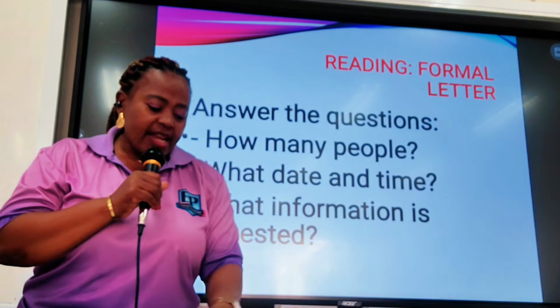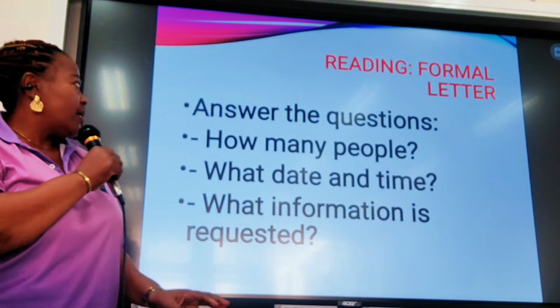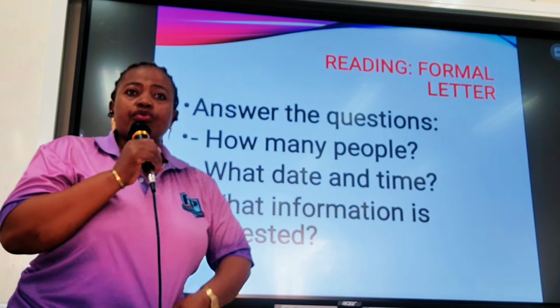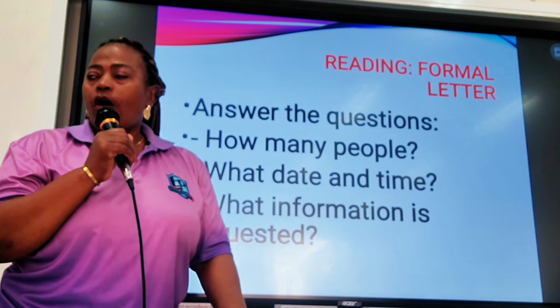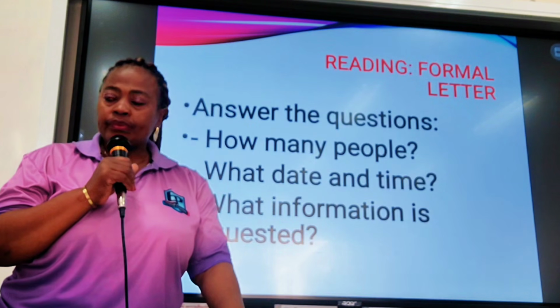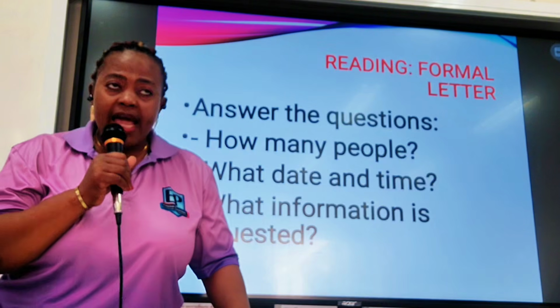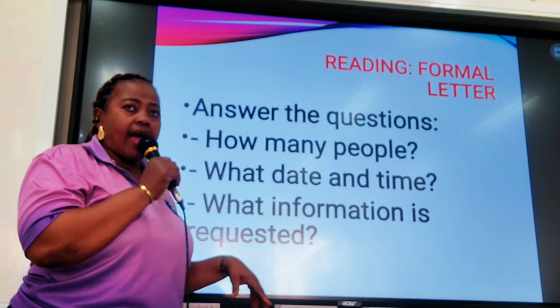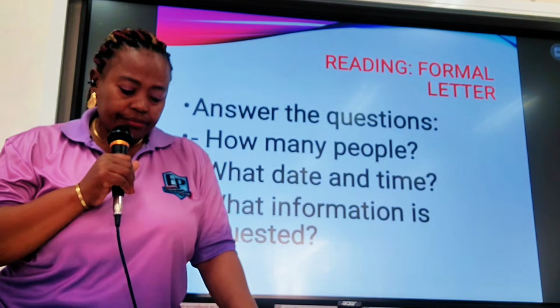Now, if you look at this letter that we have just read, how many people are expected to come to that restaurant? How many? 10. Very good. So 10 people are expected to come. What date and time will they be there?